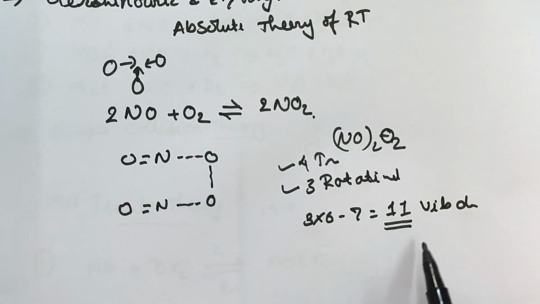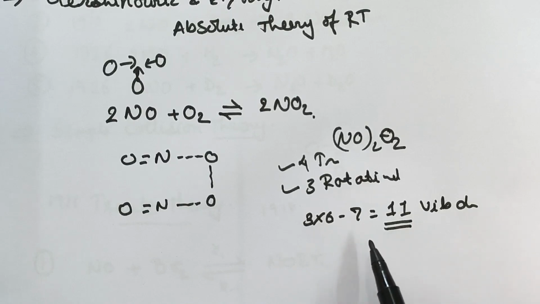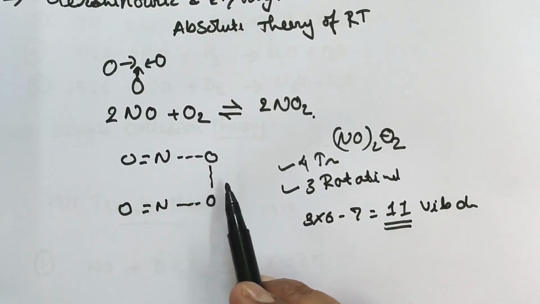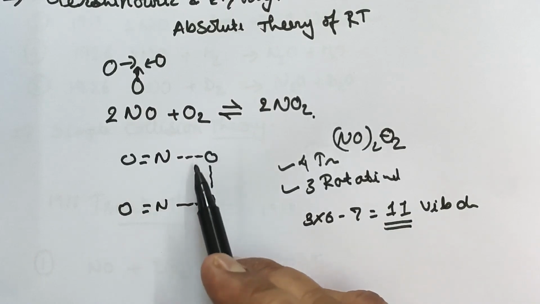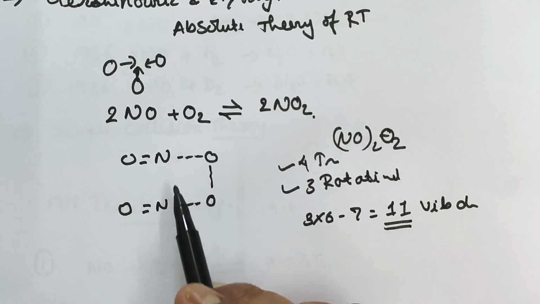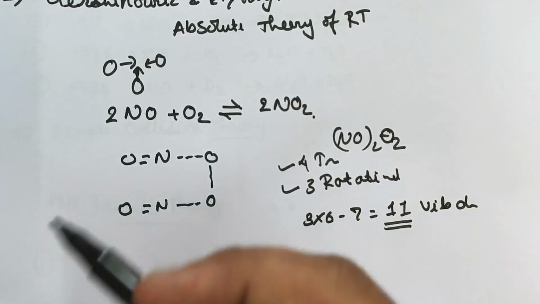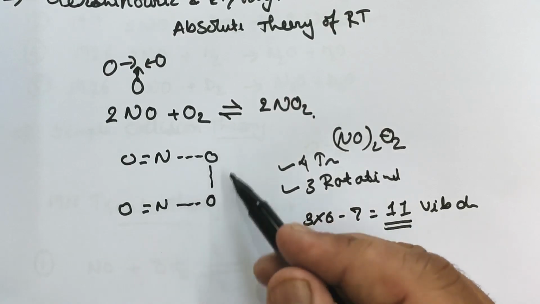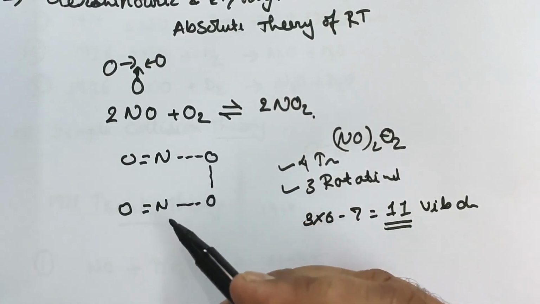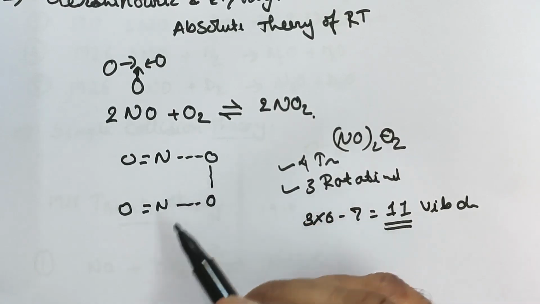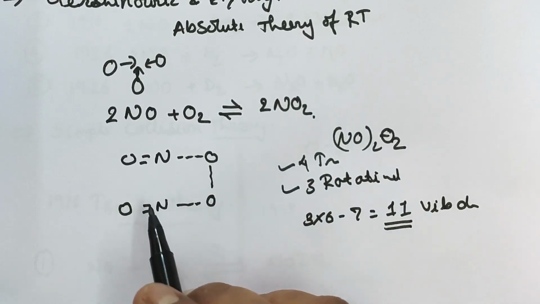Now out of these 11 vibrational degrees of freedom, 1 vibrational degree of freedom will be replaced by a rotational degree of freedom. Why? Because of this particular OO bond, we know from statistical thermodynamics that this bond has a tendency to rotate around the axis, and as a result that vibration will be replaced by the rotational degree of freedom.